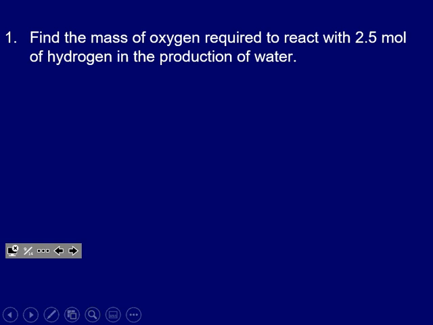So this is a reaction we've seen many times. We're reacting some oxygen with some hydrogen to produce some water. So hopefully you can go ahead and write that one out and balance it up. I think we can balance this with a 0.5.